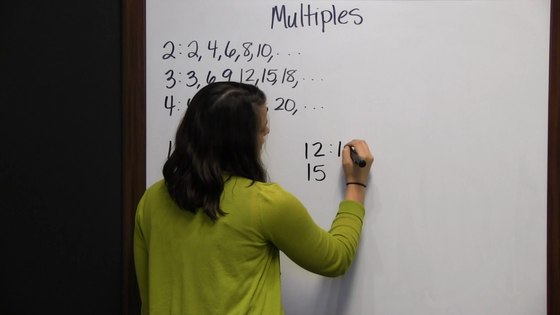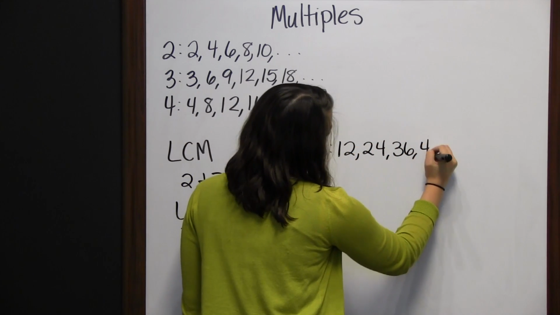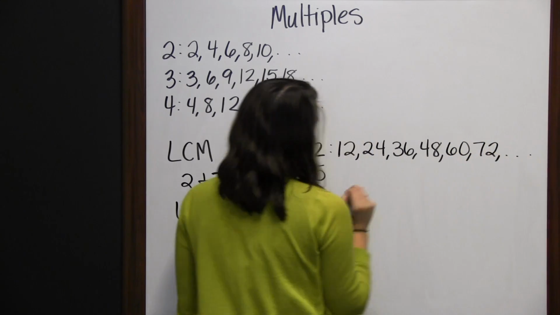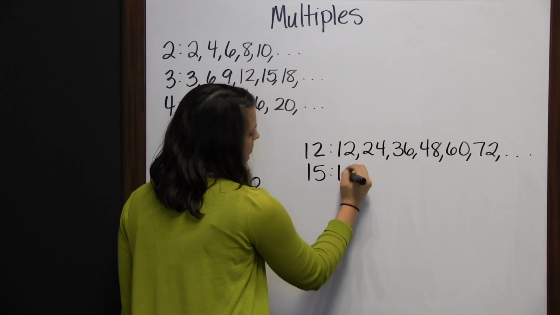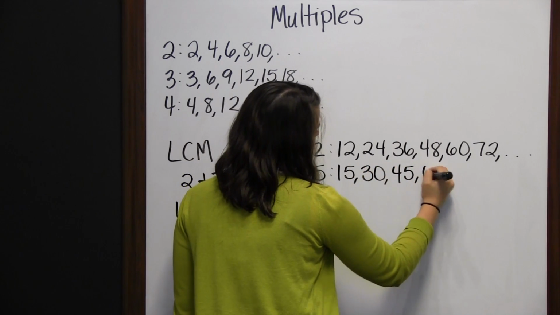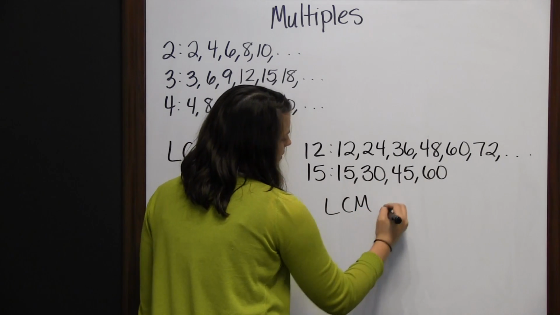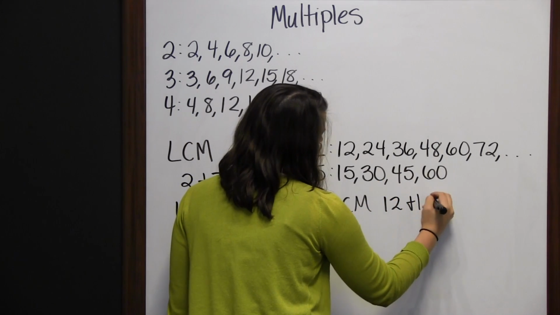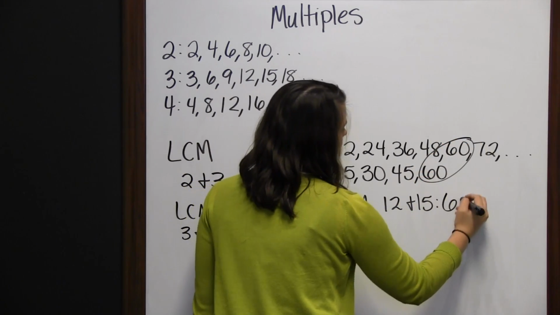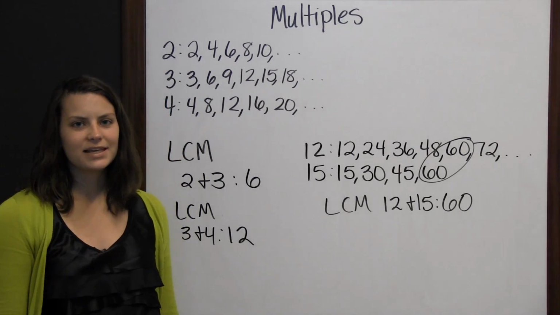So 12 would be 12, 24, 36, 48, 60, 72, etc. While 15 would be 15, 30, 45, 60. So if we were finding the LCM of 12 and 15, the smallest number they have in common is 60. So the least common multiple is 60.